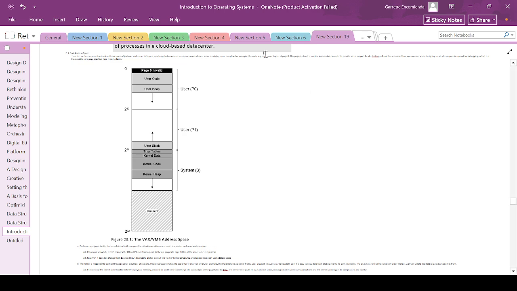For example, the code segment never begins at page 0. This page instead is marked inaccessible in order to provide some support for detecting null pointer accesses. So the code segment never begins at 0, just like we discussed in the previous video. It doesn't actually work like that in the real world, as you can see here.